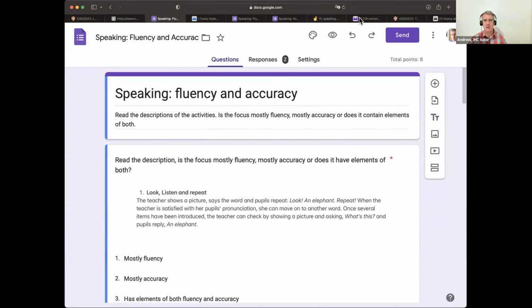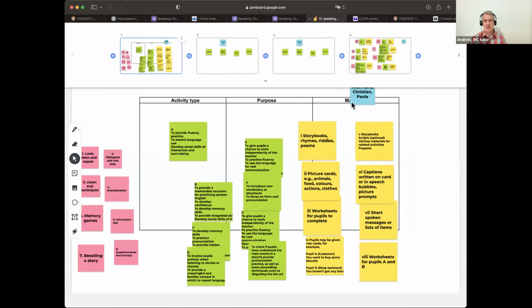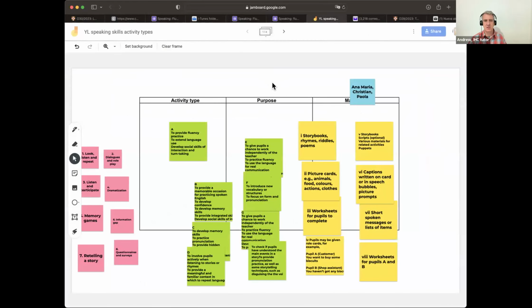But now let's figure out what is the purpose and also the materials that we can use with these activity types.